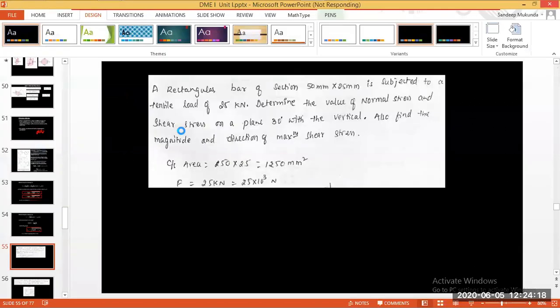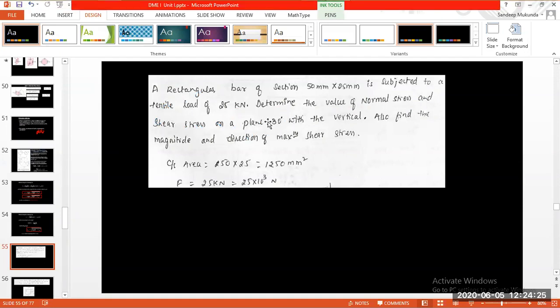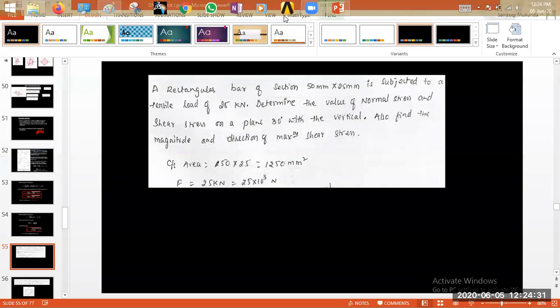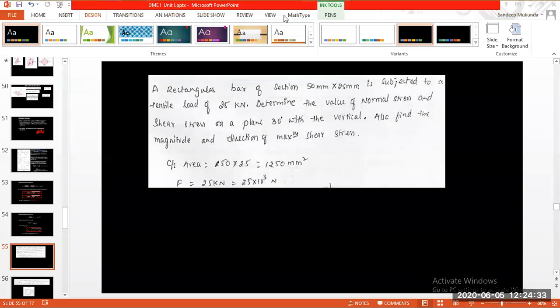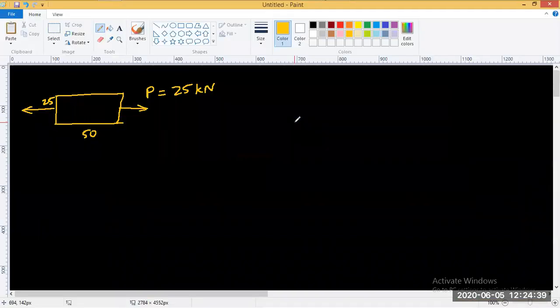Let's go back to the question. You need to determine the value of normal stress and shear stress on the plane at 30 degrees. The angle is given. The question is clearly asking us to find what is happening at an angle theta, that is 30 degrees.